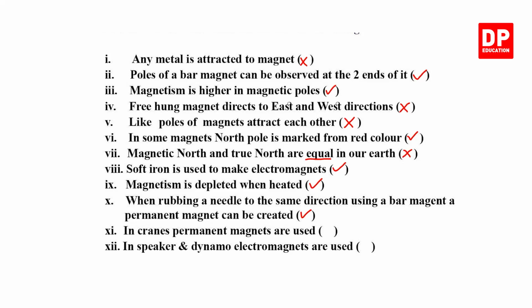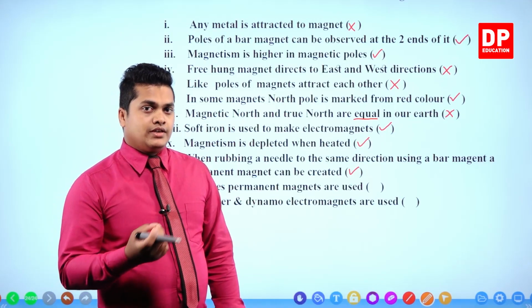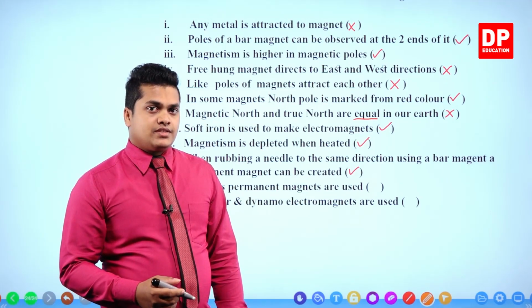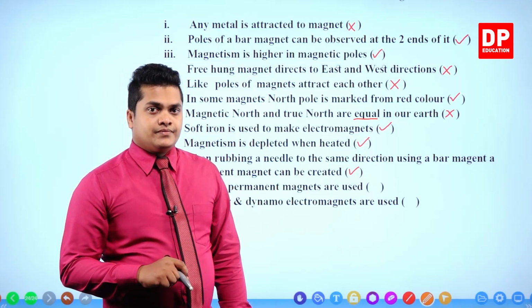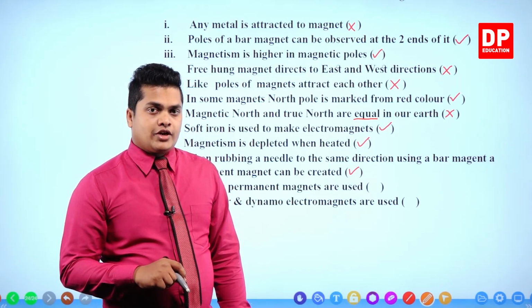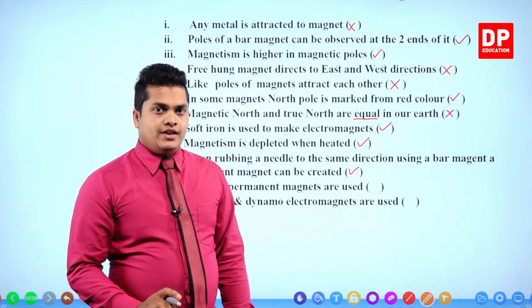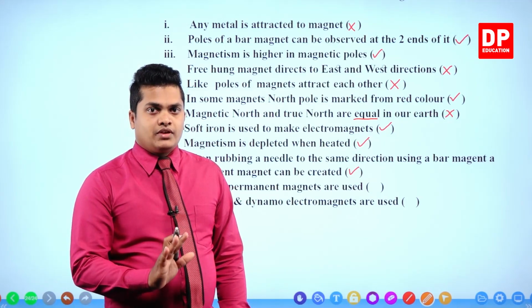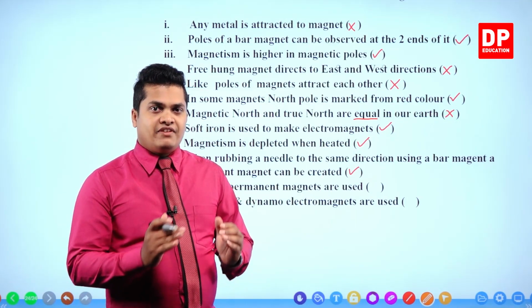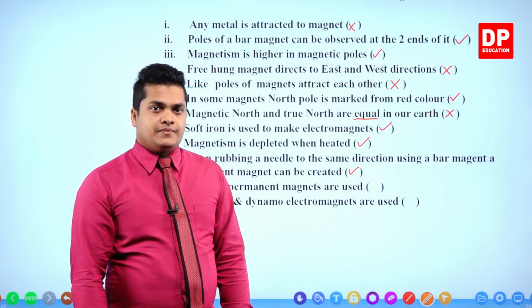Next one. In cranes, permanent magnets are used. In the earlier question, we discussed that if you take an electromagnet, we can cut the magnetic field by cutting the electricity to the electromagnet. So when needed, we can lower the weights from it.